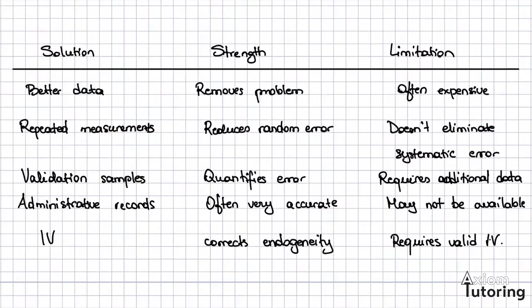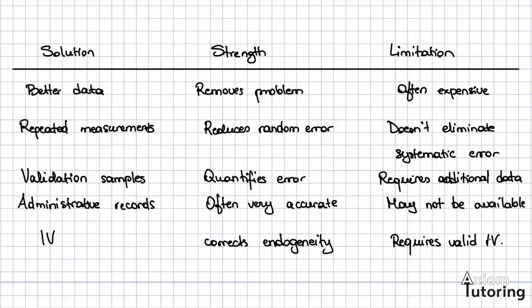With validation samples, you can quantify the error, but it does require additional data. Administrative records are often very accurate, but may not be available. And ultimately, we saw IV, which corrects endogeneity, but that means it might be difficult because it requires a valid instrument. So the right approach depends on what data and instruments are available to you.